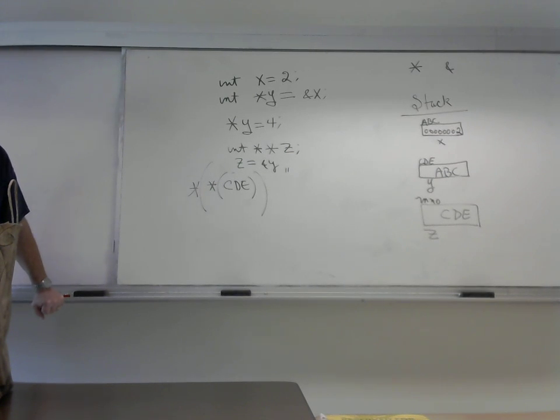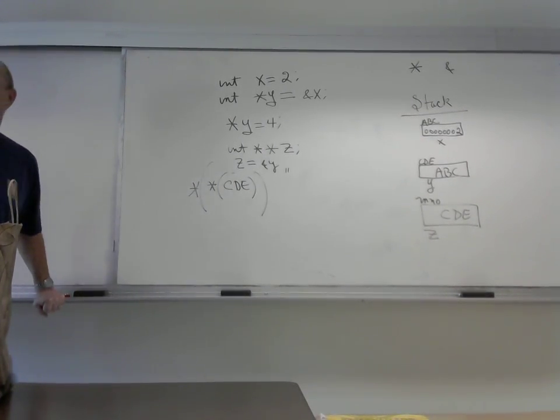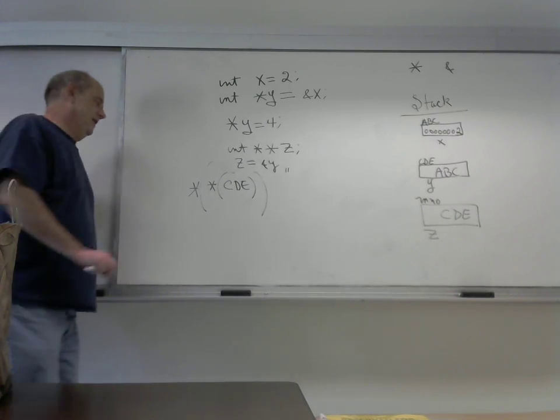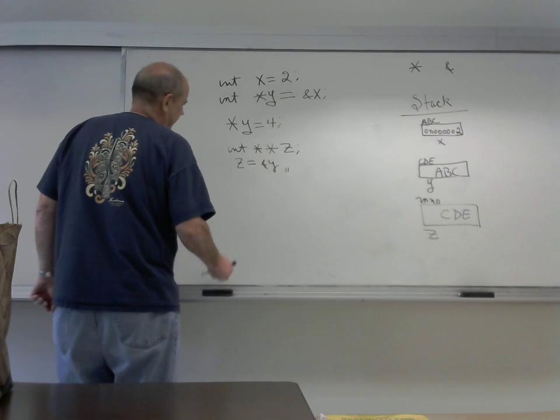So when we say dereference, what we mean is go to that address and take what you find there, which in this case is another address. So you go to that other address and take what you find there, and it's a 2. And these chains can continue, though it becomes pointless after a while.